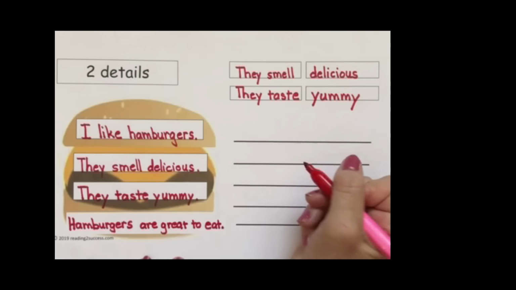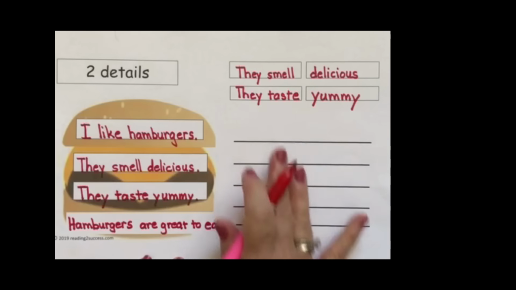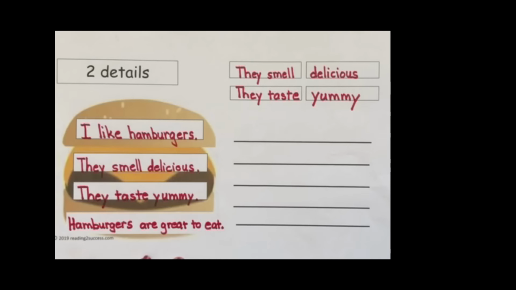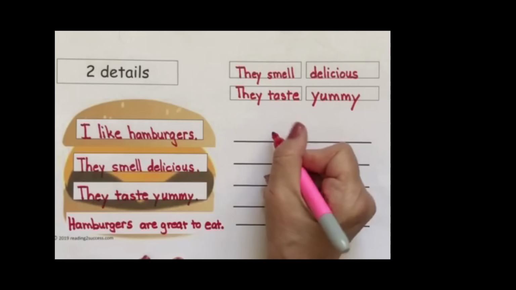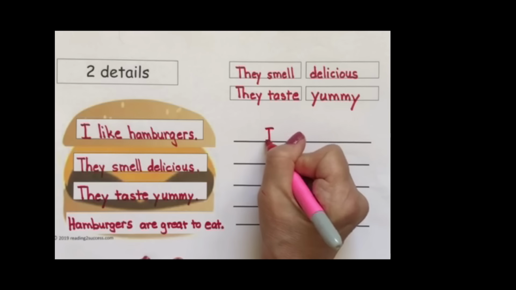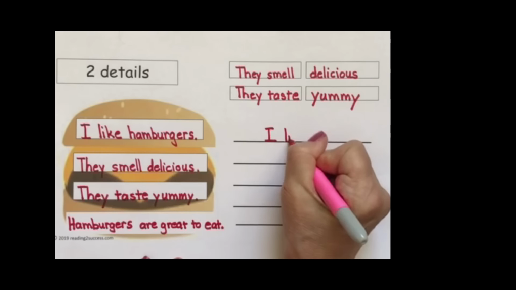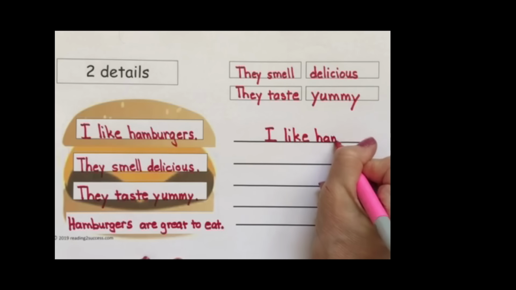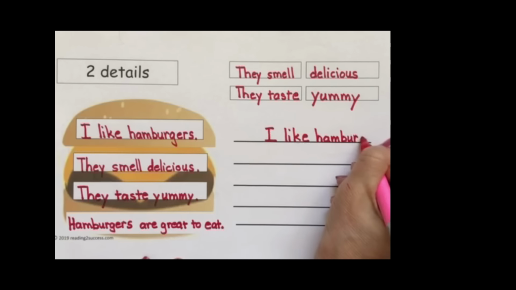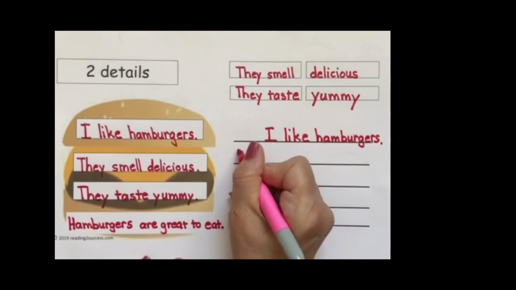Okay, so now let's write all the sentences together to make a paragraph. We need to indent. We don't start right at the beginning when it's a paragraph. I like hamburgers. And I must remember my period.